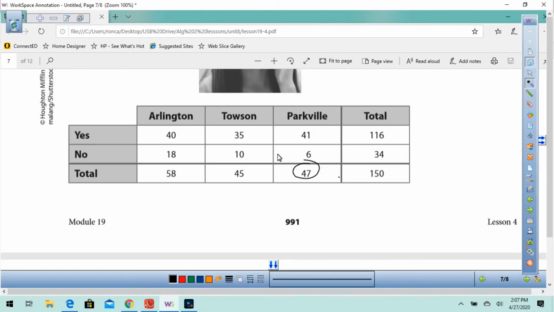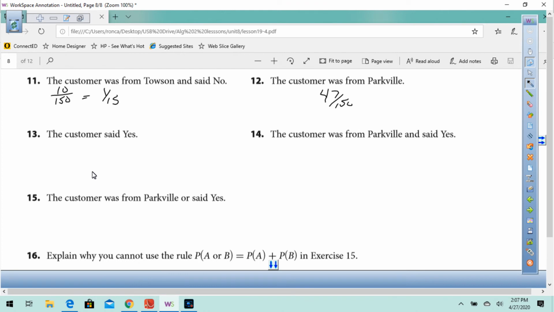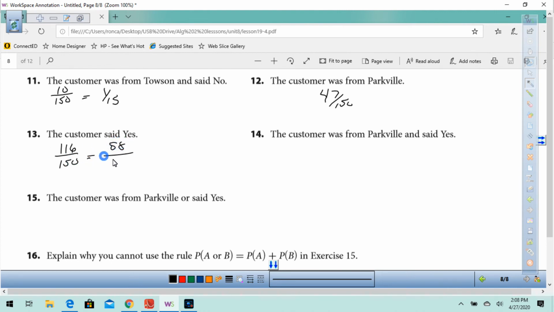So let's go here. How many customers said yes? A total of 116. So we got 116 over 150. And 2 goes in 100, that's 58 and 75. 58 over 75.